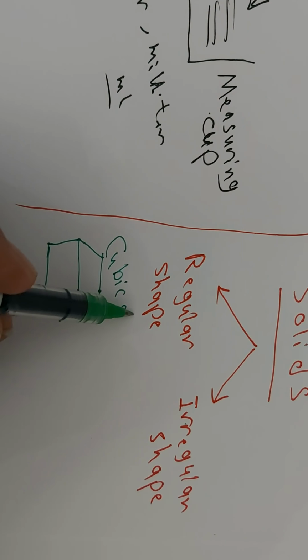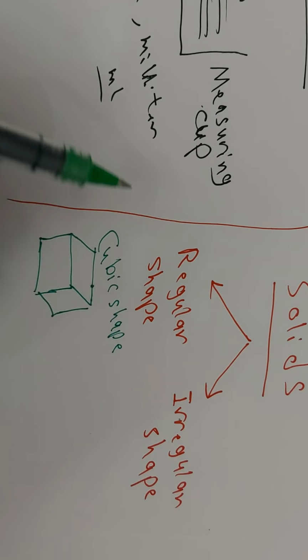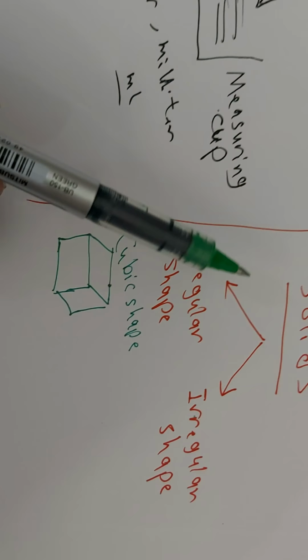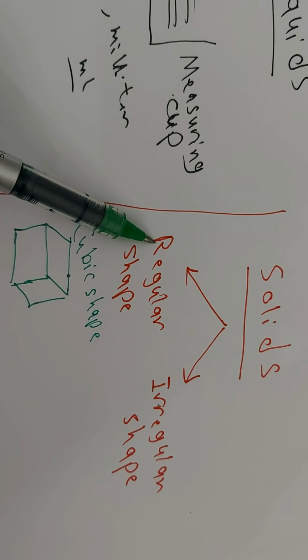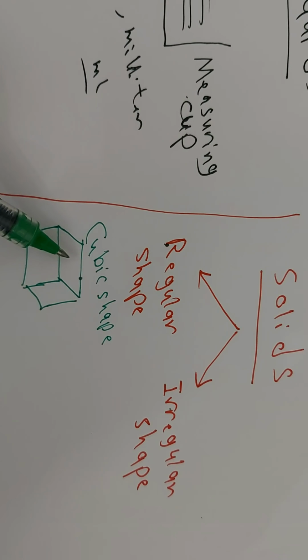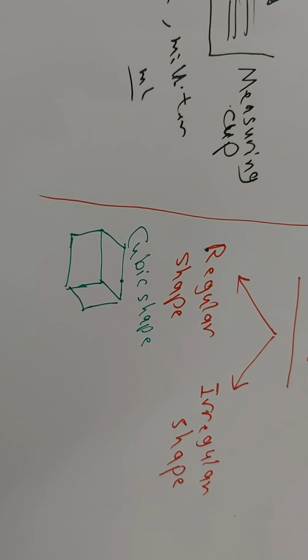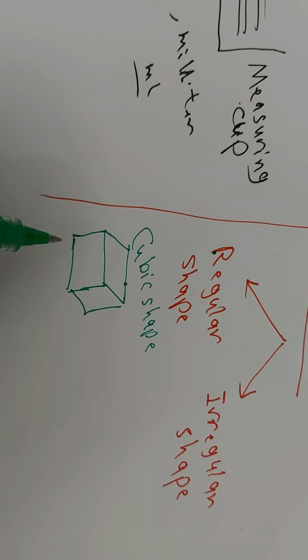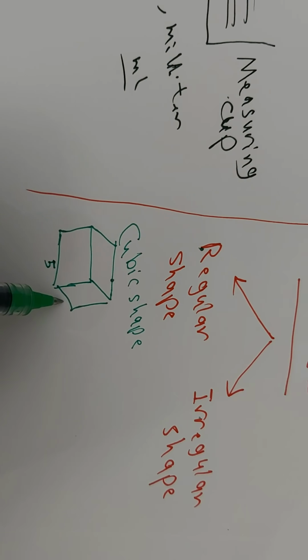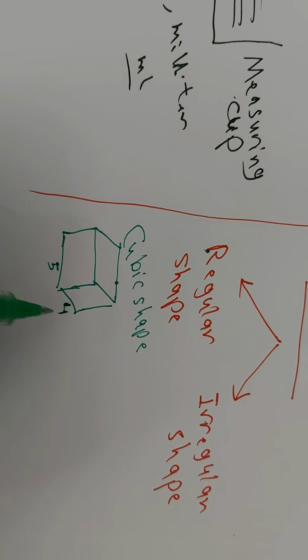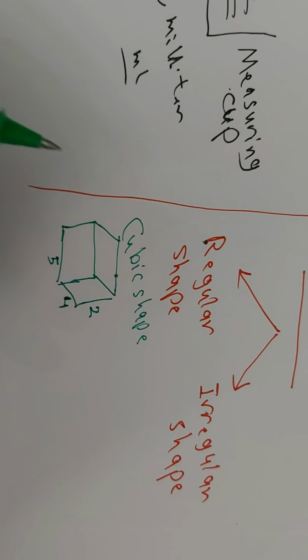If we have a regular shape like a cube, we find the volume by using a mathematical formula. For example, the length is 5, the width is 4, and the height is 2.